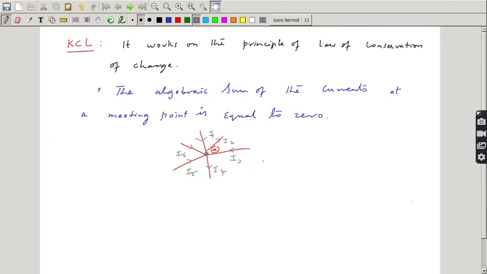Based on the direction, if the current is coming towards the point, I can take it as positive, and if the current is moving away from the point, I can take it as negative.